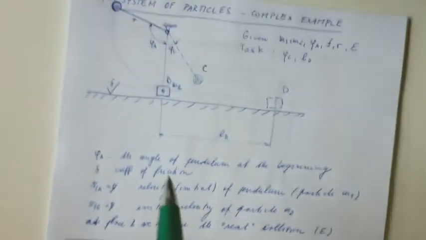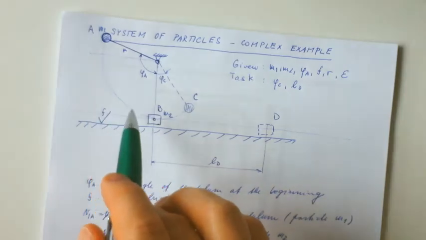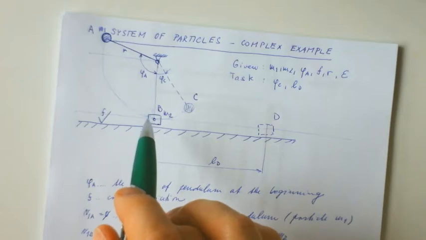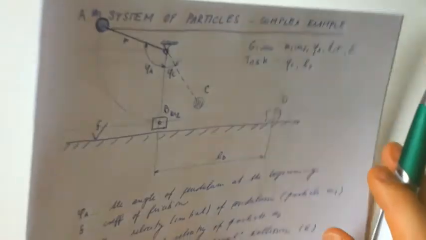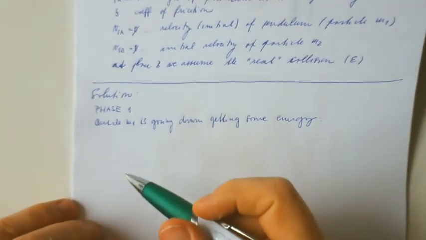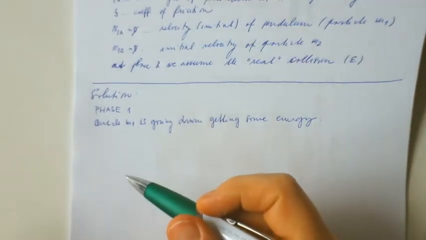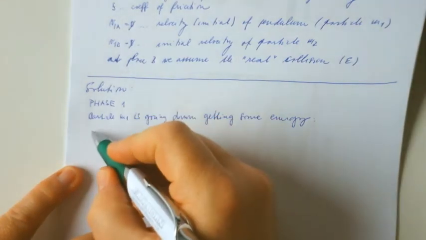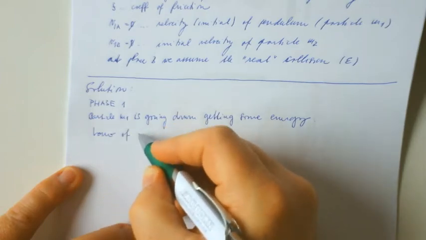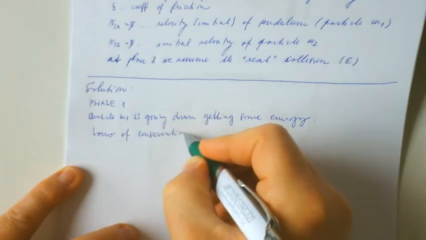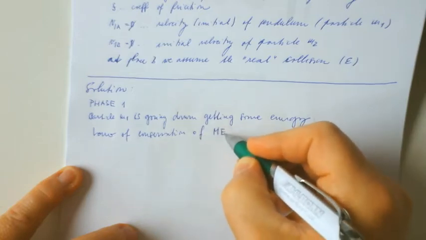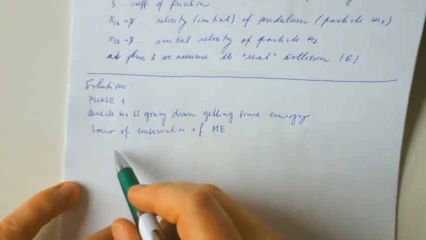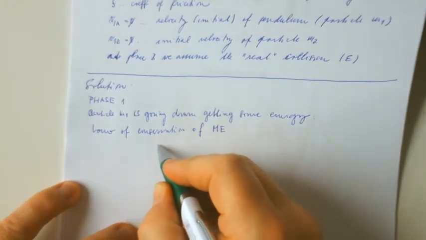Now we can separate this complex phenomenon into some more simple phases. Phase 1 is that the pendulum is going down, and it is getting some kinetic energy. We use a balance of energy, so we can say that because we don't lose energy during this motion, we can use the law of conservation of mechanical energy.